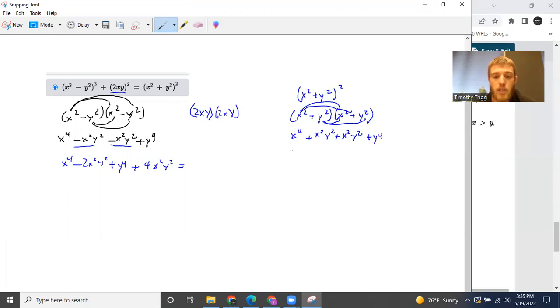And we can combine like terms here, x squared plus 2x squared y squared plus y to the fourth.